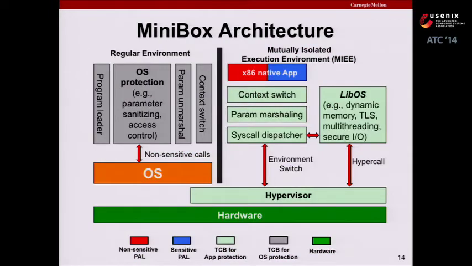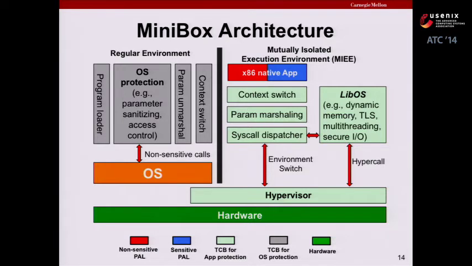Here's the architecture of the MiniBox system. First, we can see that a hypervisor is running under the system, and the hypervisor establishes efficient two-way memory isolation between the regular execution environment, including the OS and OS protection modules, and the mutually isolated execution environment, which we call MIEE.